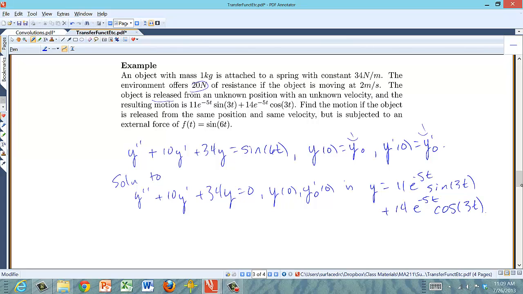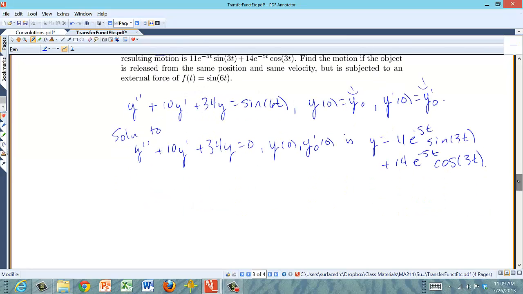So I told you that's the solution. And what problem is this? This is the zero input problem, okay? So the zero input response is that guy.